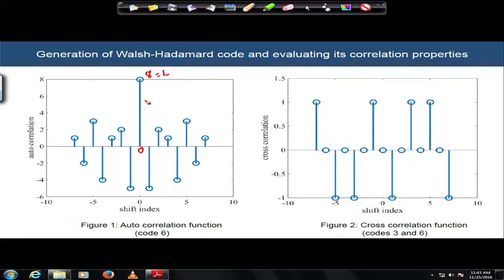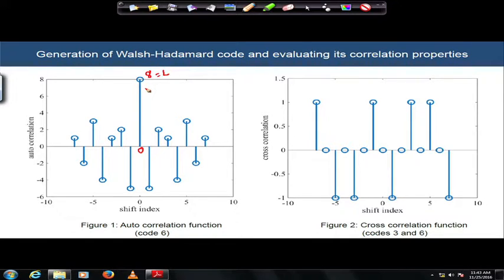In a spread spectrum system, if you want to synchronize the incoming signal with the code that is being locally generated at the receiver, then usually we compare the autocorrelation at lag 0 with some threshold. So in order to meet that requirement, the autocorrelation at lag 0 should be as high as possible.